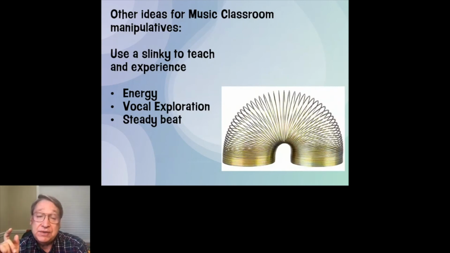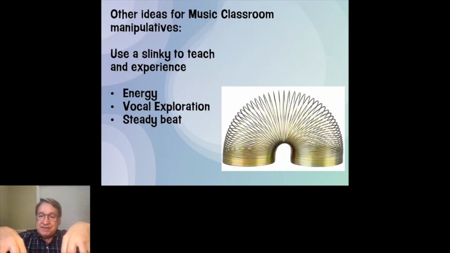Another thing I've been using, and you may have been using for years, is a Slinky, and unfortunately I cannot find my Slinky, and there's not one in Nashville, I don't think. I've been to most of the places in Nashville, but to try to find one, I'll have to order it. But I use a Slinky just like this to show energy, and hold it in both hands and move it back and forth where it's an arch, just like you see in that image, to explain to the children that's the type of energy I want.